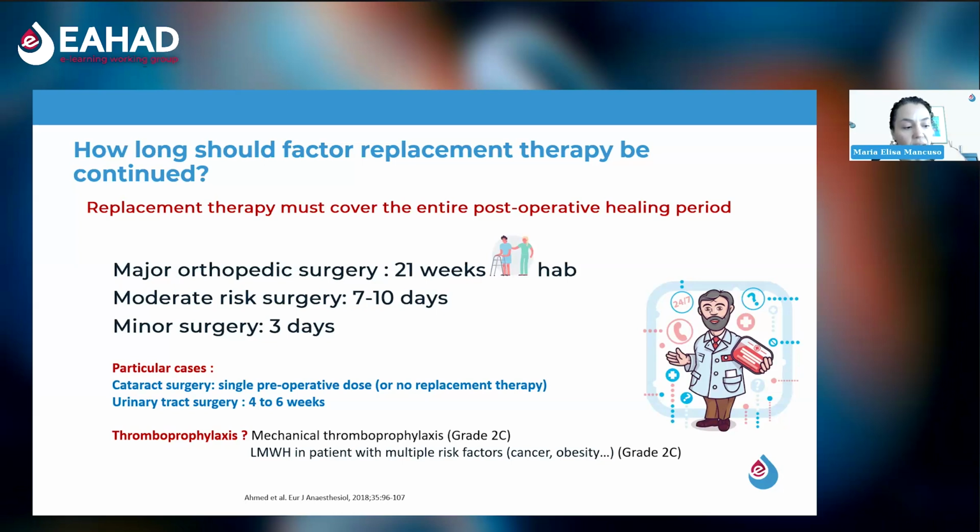But in some selected cases, due to the possibility that we have to restore normal hemostasis with drugs, patients may need to be treated with low molecular weight heparin because they have other risk factors like obesity, diabetes, cancer, and these patients are not protected from thrombosis.